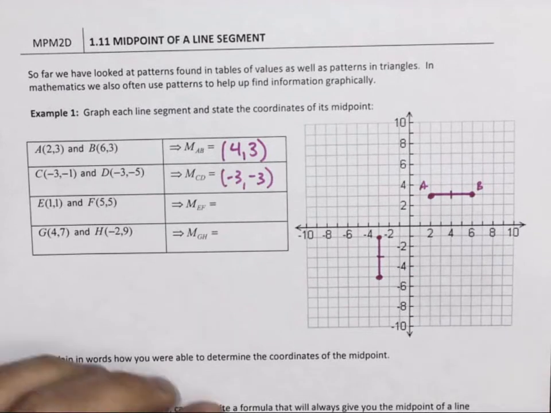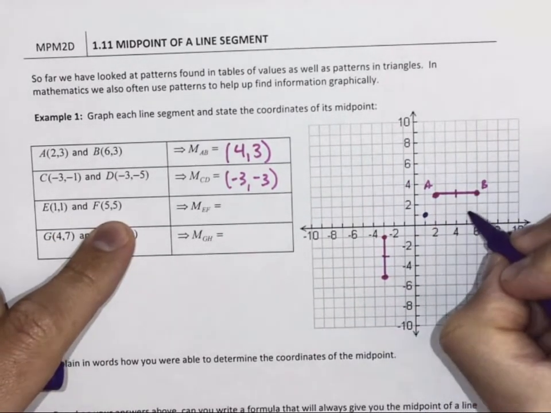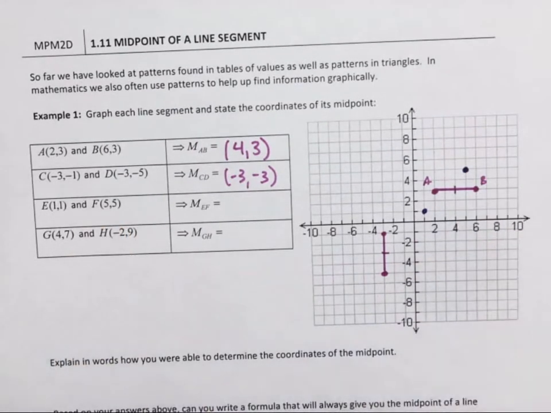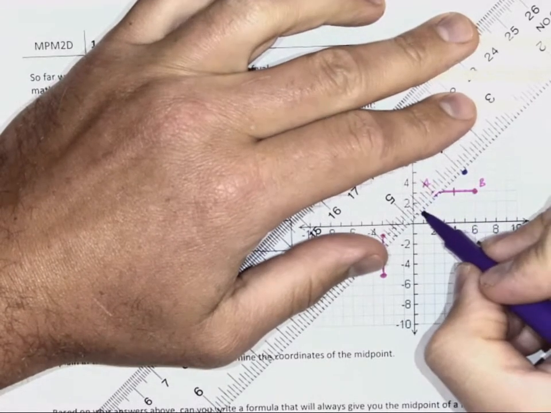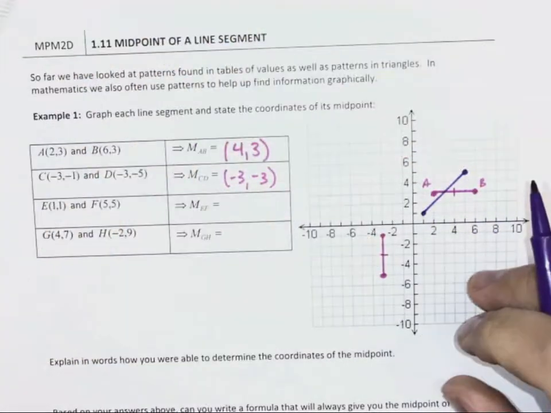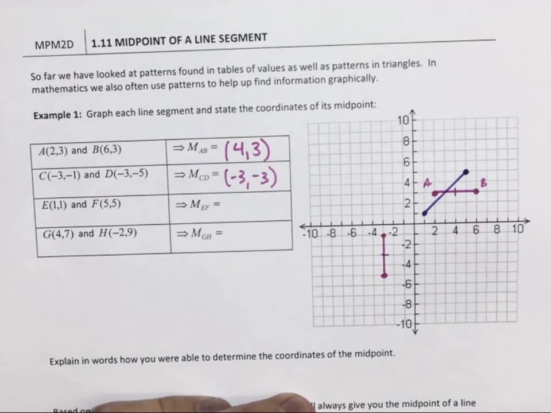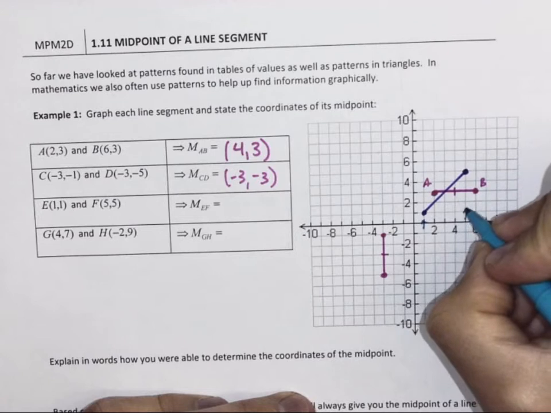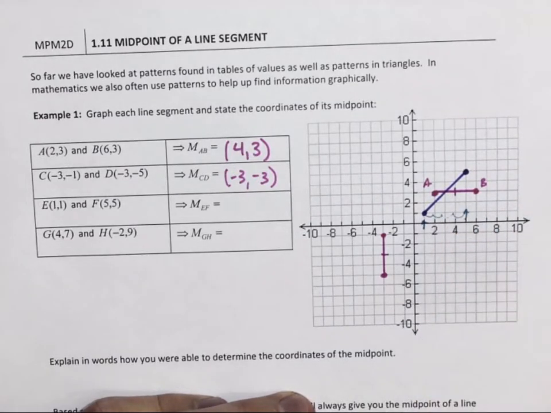Let's add a few more lines. Point E is at (1, 1), and F is at (5, 5). So now we have a line that isn't horizontal or vertical, an increasing line segment, but it's the same thing. If we look at where it starts on the left, where it ends on the right, that's 1, 2, 3, 4 apart.